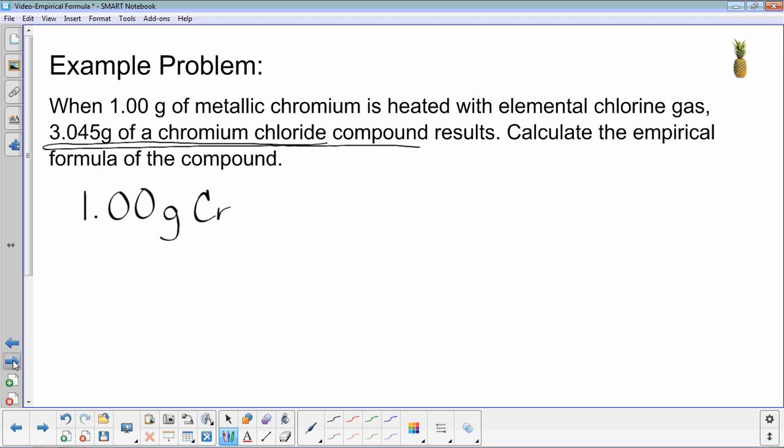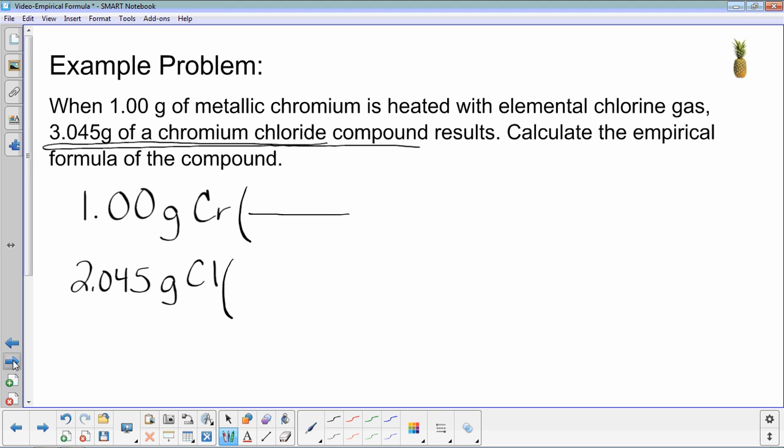So if I have 3.045 grams of the chromium chloride compound, and 1 gram of that is chromium, 3.045 minus 1 is going to give me 2.045 grams of Cl.